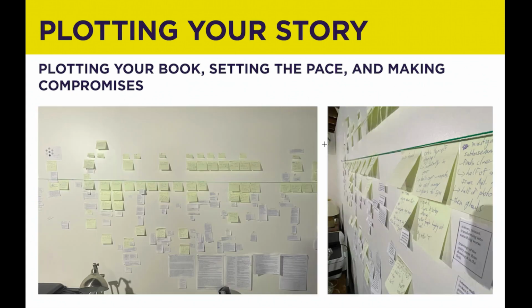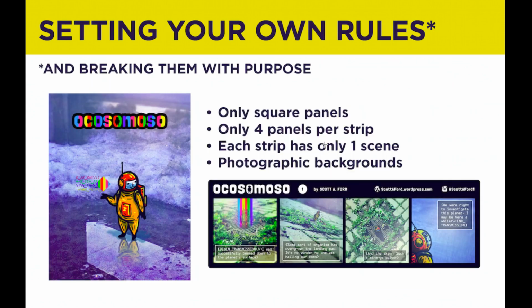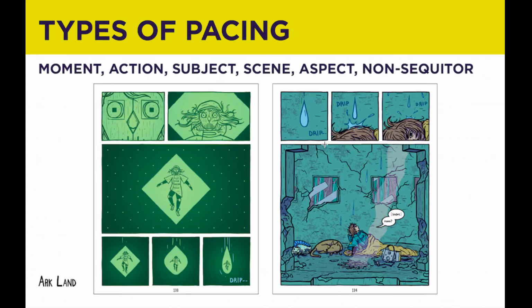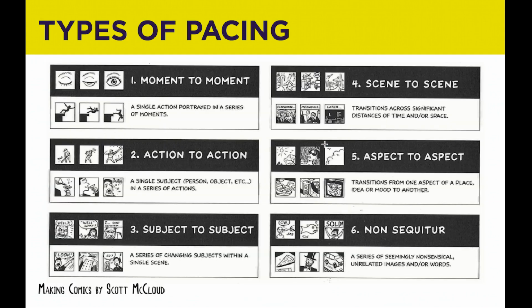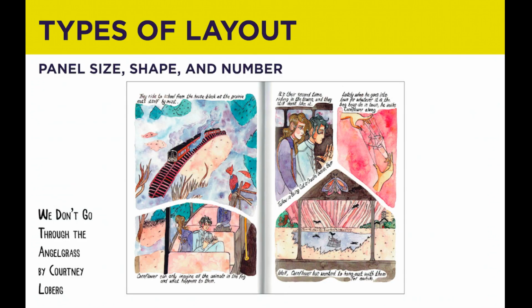In the example of Courtney Loberg's comic, We Don't Go Through the Angelgrass, this is a webcomic first. This is on Webtoons before it's available in print, and so the first time that people are reading this, it is just panels stacked on top of one another, reading your way down like that before anyone sees it in this kind of format.